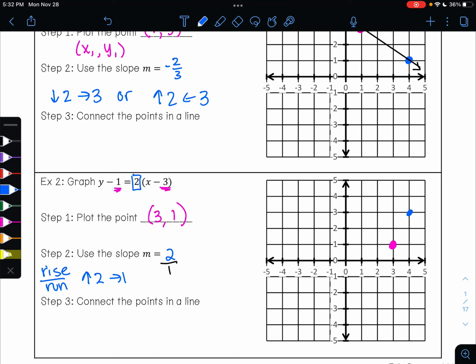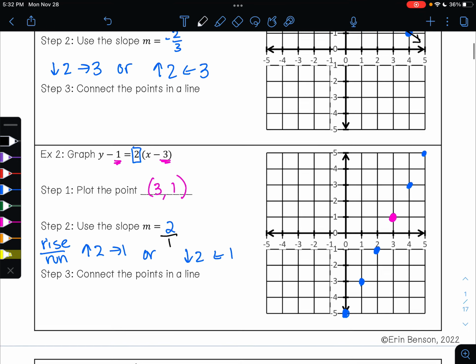I could also go down 2 and to the left 1. So from our point 3, 1, I could go down 2, left 1.